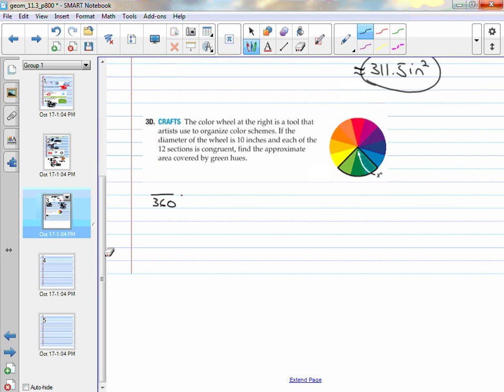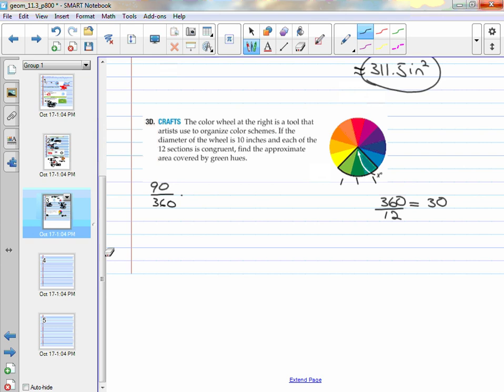If you took 360 and divided by 12, you'd get how much? 30. And then how many of those do we have? 3 of them. So what would x be? X would be 90.